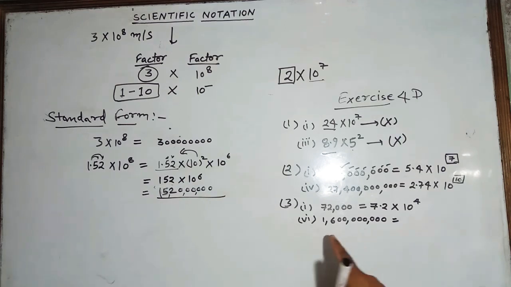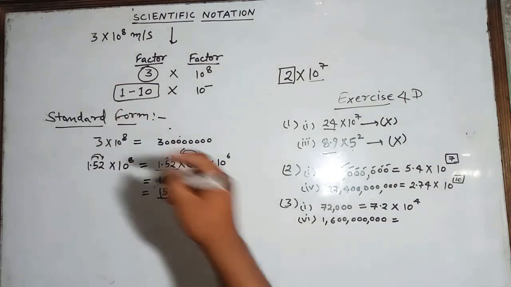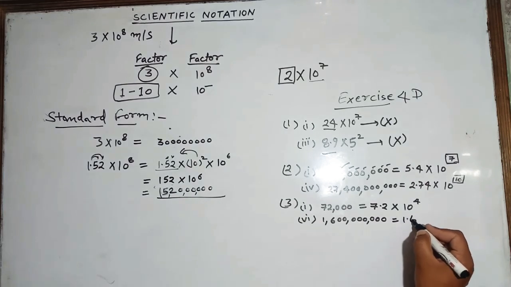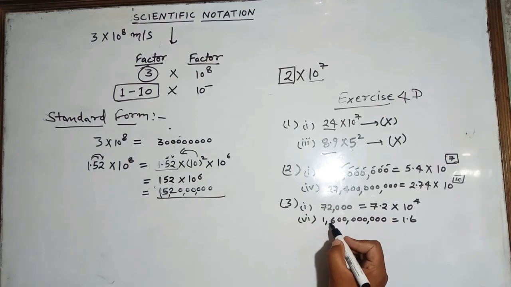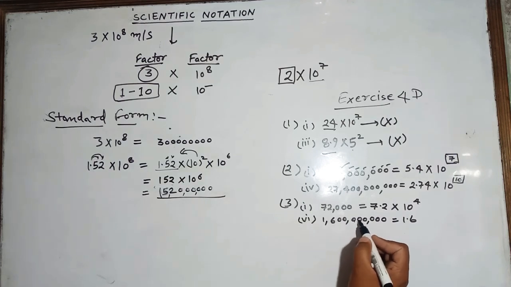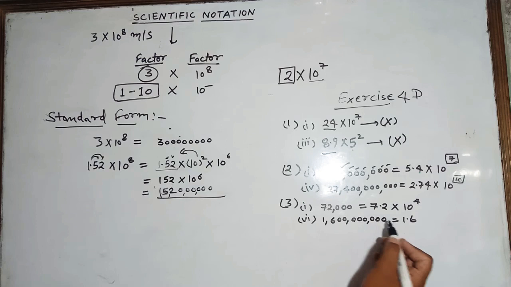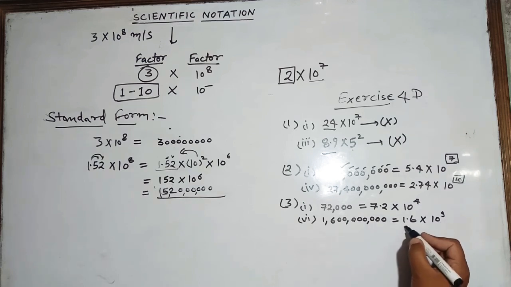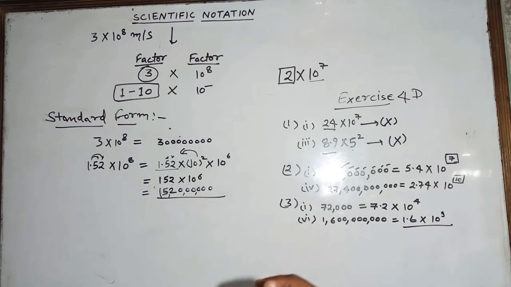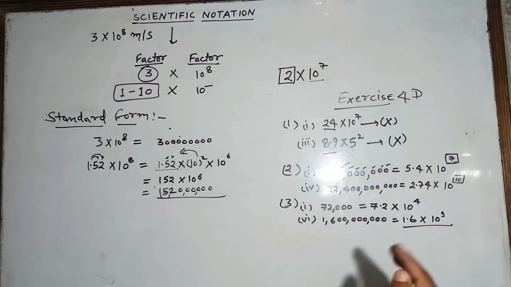So how will you write it? See, a number between 1 and 10, so we can write it as 1.6, and the point before 6 is here, so from 6 you will count the numbers 1 2 3 4 5 6 7 8 9. So 1.6 into 10 to the power 9. This will be our scientific notation for this one. In the same way you can do the remaining part of question number three.